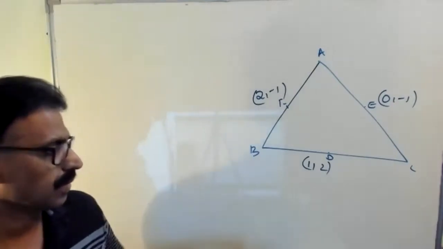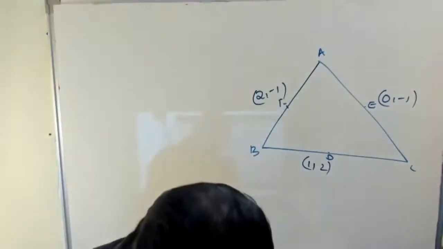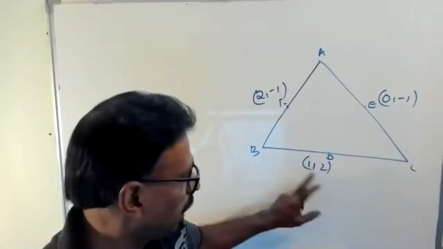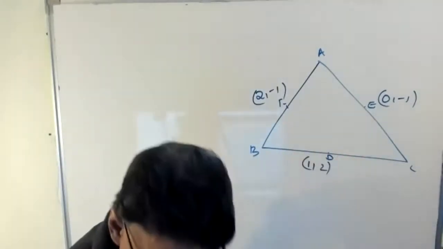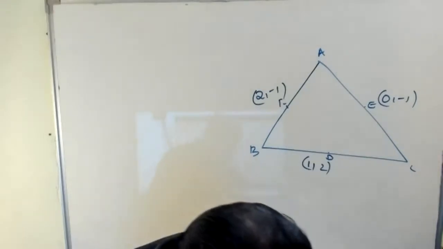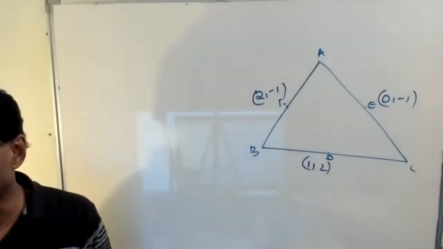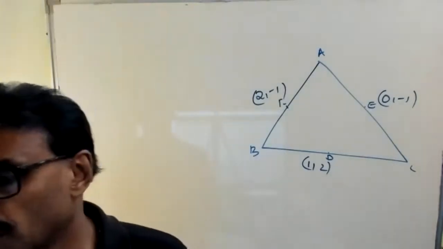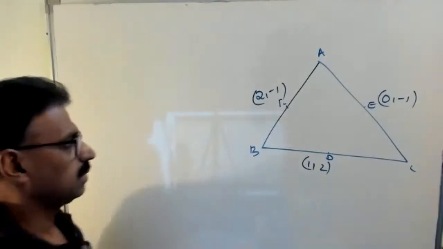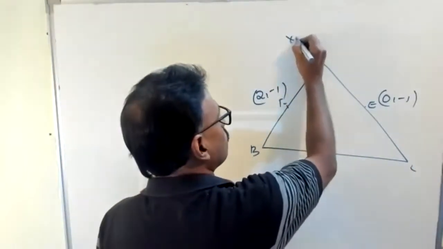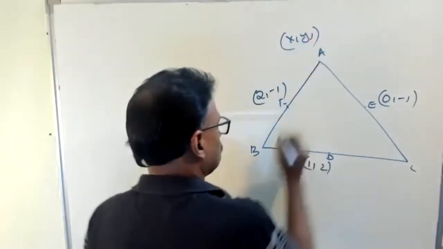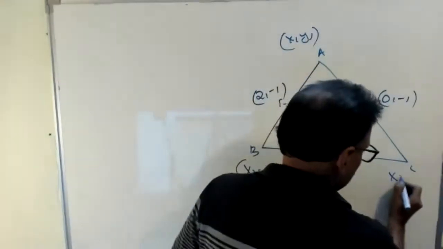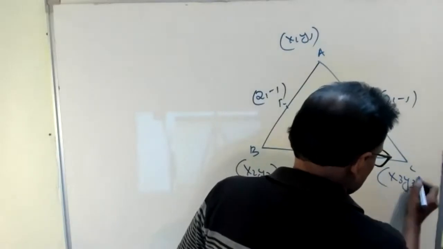Once again, listen. If the coordinates of the midpoints of the sides of a triangle are (1, 2), (0, -1) and (2, -1), find the coordinates. I'll show this one; don't write anything, just listen. I take A as (x1, y1), B as (x2, y2), C as (x3, y3).